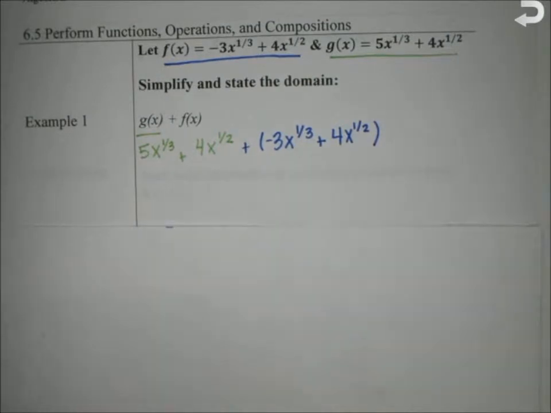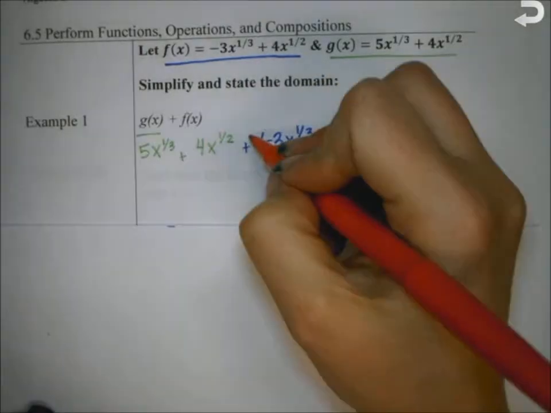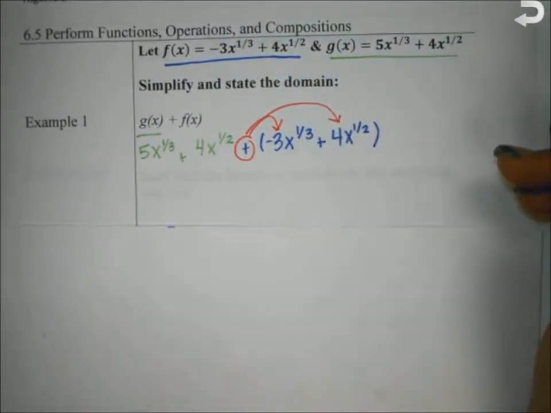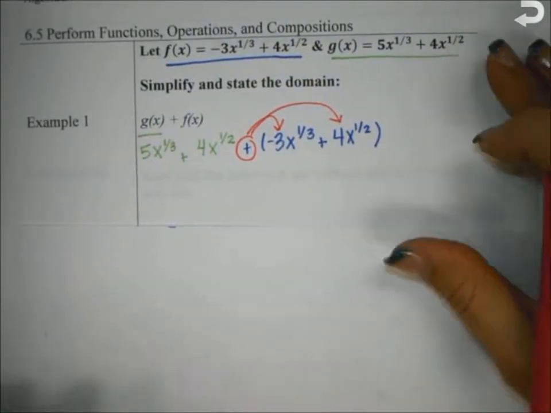Okay. Now, when I have a positive in front of the parentheses, what do I need to do with this guy? I distribute it. Does distributing a positive change anything? No. So what I'm going to do next is combine my like terms. Where are my like terms?